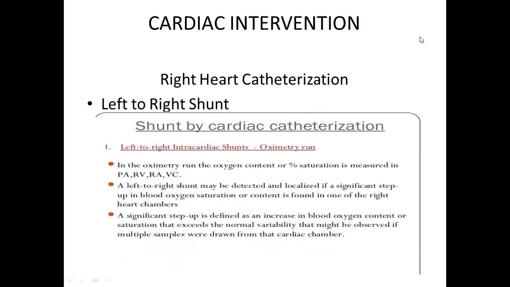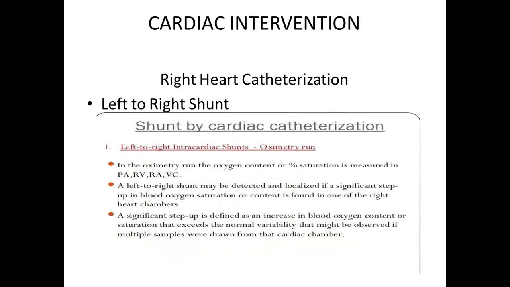So remember, when you do your right heart cath, your access could be from the upper limb or the lower limb, but you're going to enter the right heart.